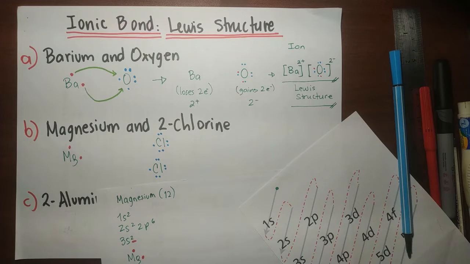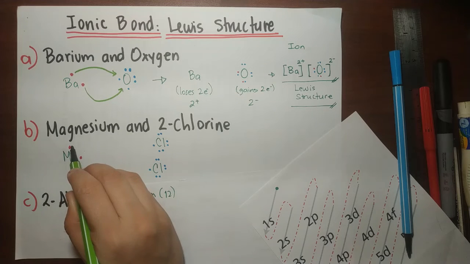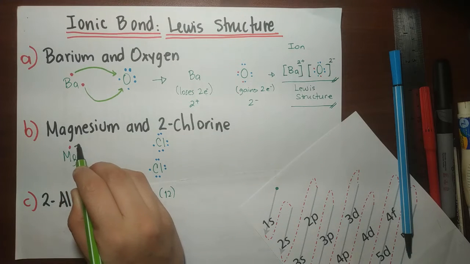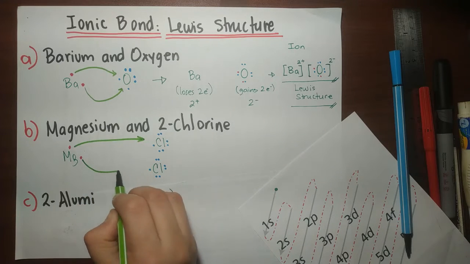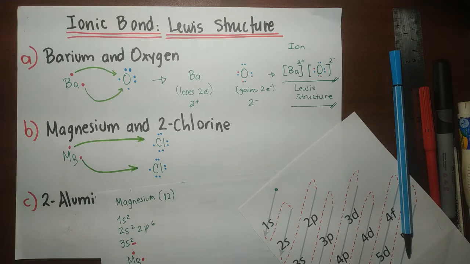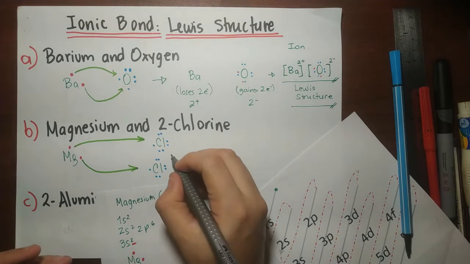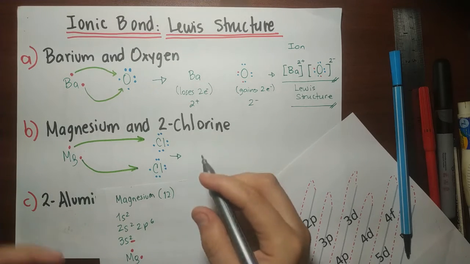As it is ionic bond, the metal will lose electrons. The one that has less electrons in the outermost level is the one that is going to give up electrons. So magnesium will give 1 electron to one of its chlorine, and the other electron is going to be for the other chlorine. So what is going to happen?